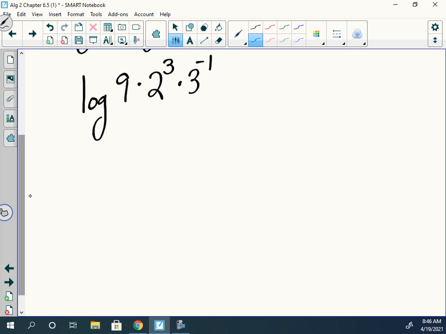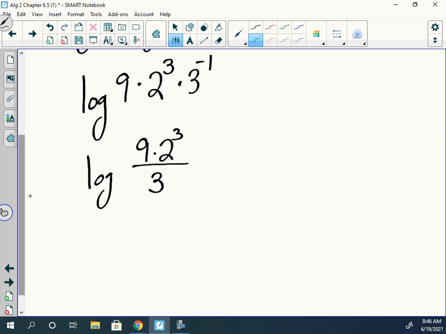Now the 3 does have a negative exponent, but we can't leave exponents negative. So to make it positive, we have to move it from the numerator to the denominator. Any questions on any of this here? Can we simplify anything that's inside that log?